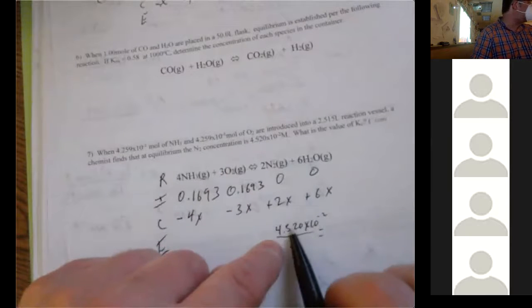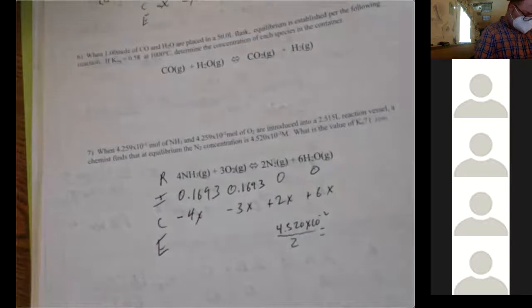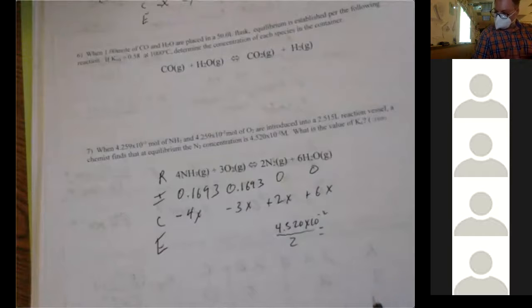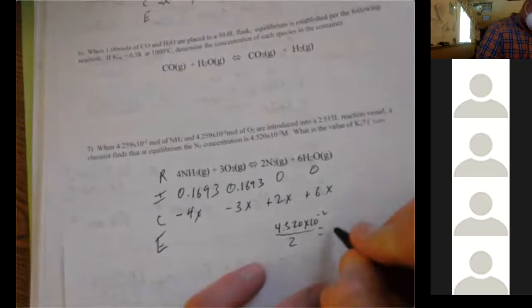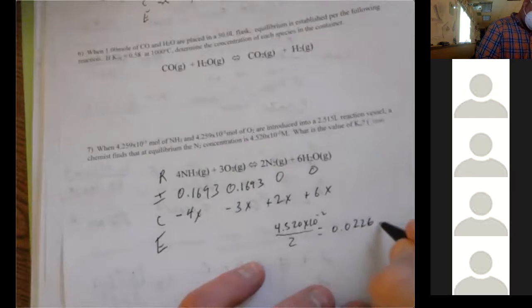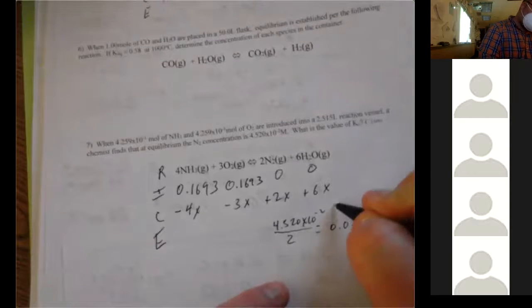So the concentration is equal to 2x, so x equals this divided by 2. 0.0452 divided by 2 is 0.0226. So that is x. 6 times 0.0226 is 0.1356.